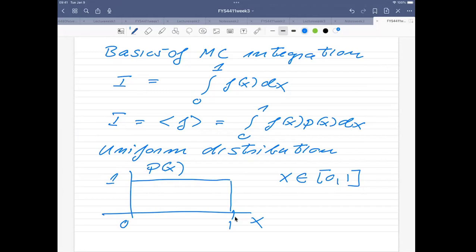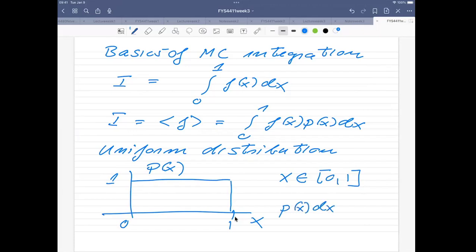What you should also keep in mind is that the basic random number generator is actually based on the uniform distribution. So if we have a slightly different integral, we would have to make a change of variables. That's one of the first things we often do.